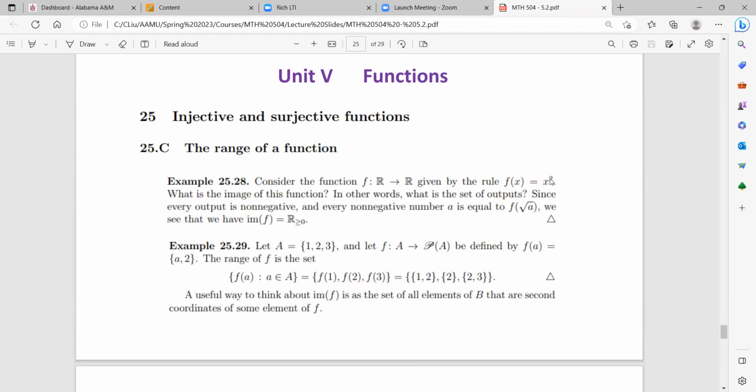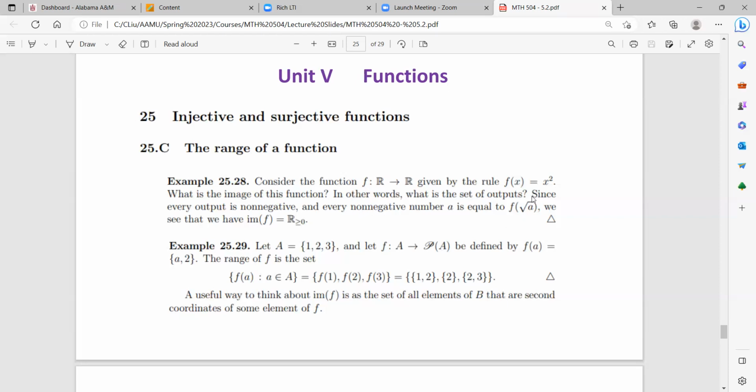And actually, for any non-negative number in the codomain, you can always find a preimage, a number in the domain, that maps to the number under f. In most cases you can find two, except for 0.